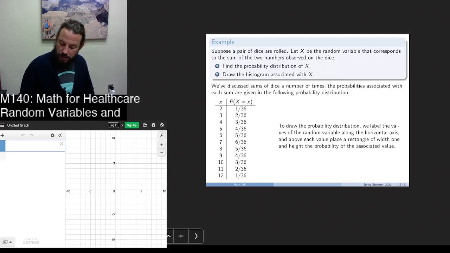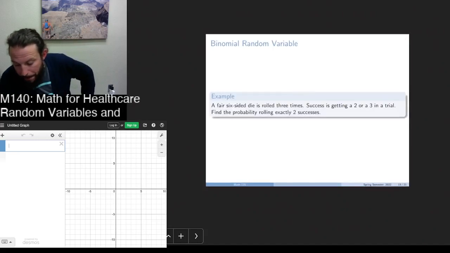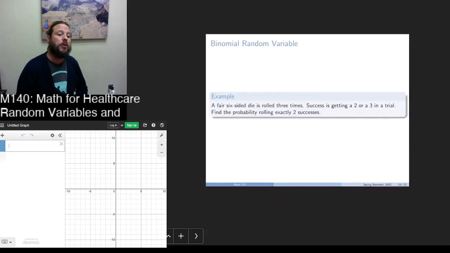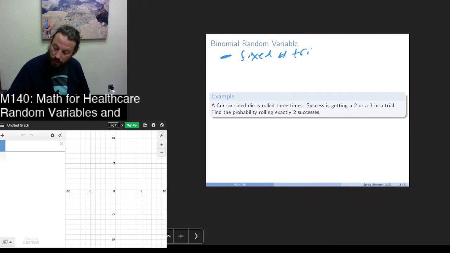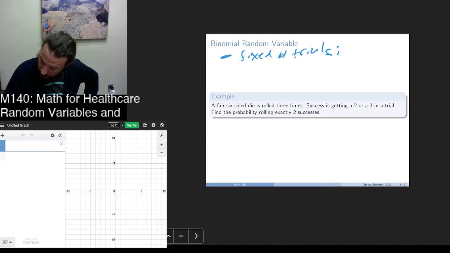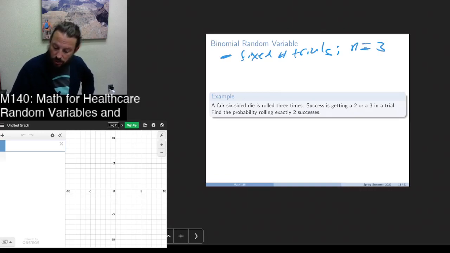All right, so now let's see here. Binomial random variable. I'll give you a slide next, but what we've seen is we need a fixed number of trials. And here, how many are we rolling? A 6-sided die rolled 3 times. So my n is 3. That's the number of trials.